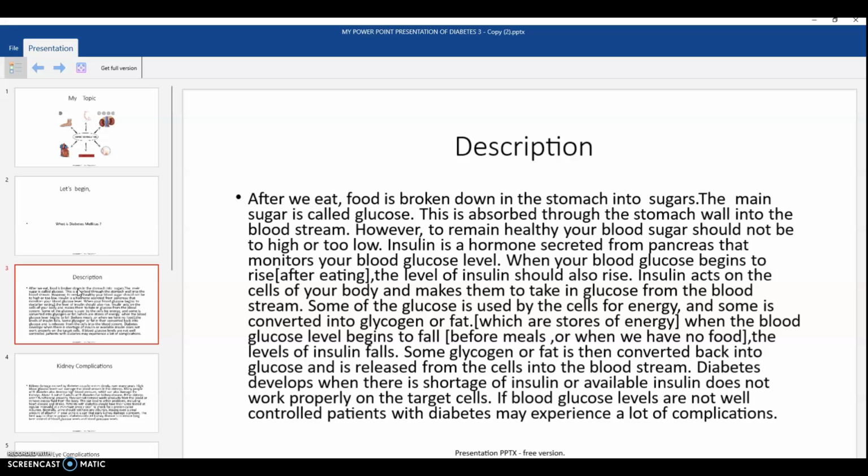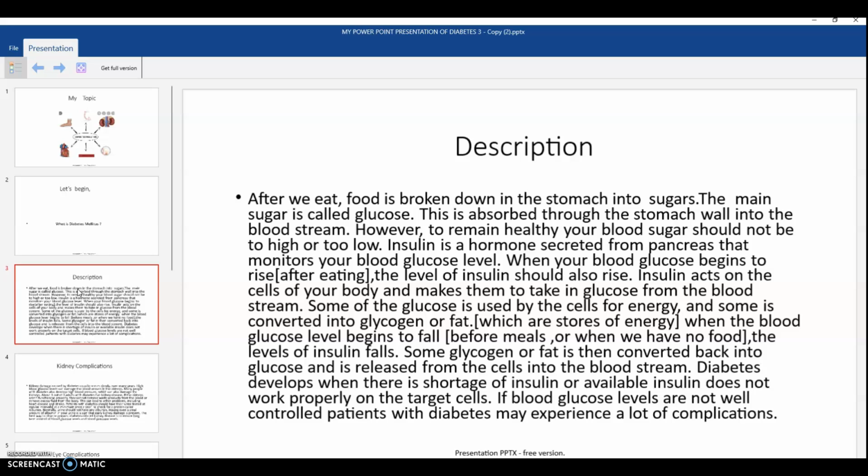And in the body, we also have a hormone called insulin, which is secreted from the pancreas. And this insulin monitors your blood sugar level. And when blood glucose begins to rise, this insulin also does the same.